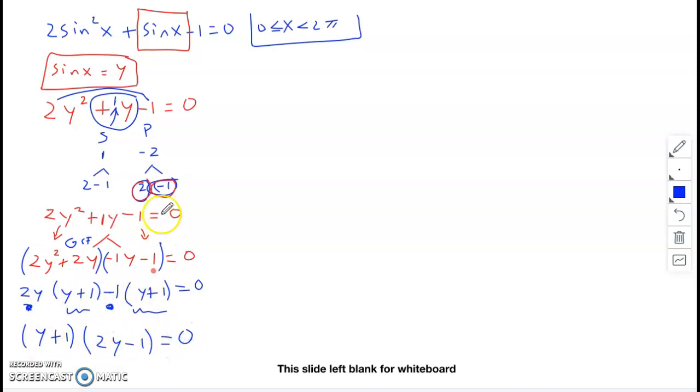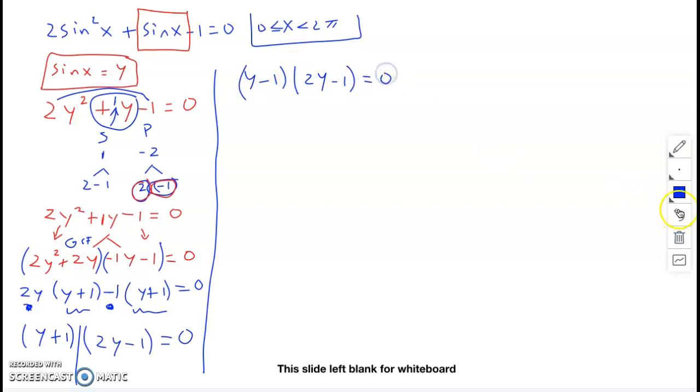And that's how I factor that trinomial, by grouping. Once I have this, every factor has to be equal to 0, because remember, we're solving for the value. So I have y minus 1 times 2y minus 1 equals 0.